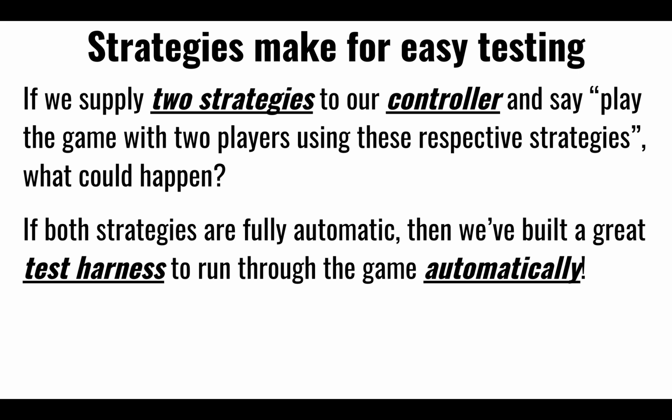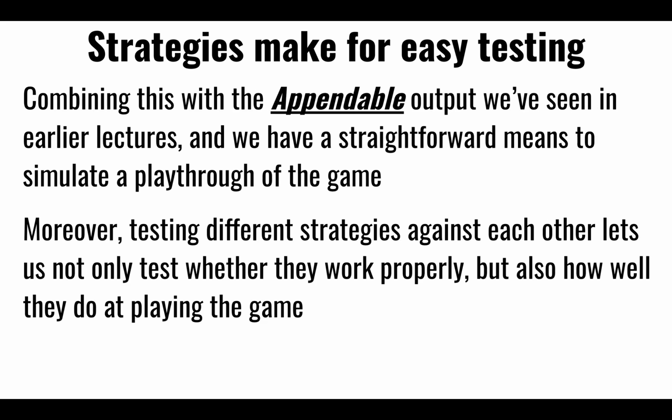Then I can take those as expected values and compare them against implementations of the strategy. So I've automated an entire test harness, where two non-human players could just play against each other and verify that my strategies are working. This would make it very easy to test them independently, using the appendable that can append the different outputs of these strategies and then compare them against the expected values.